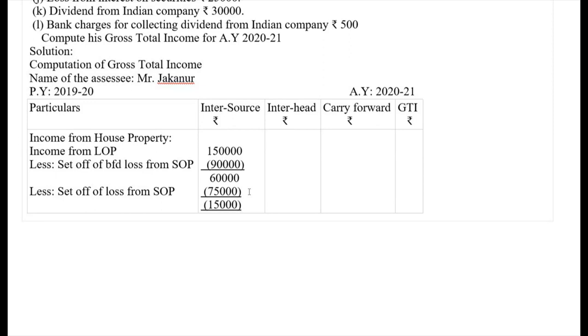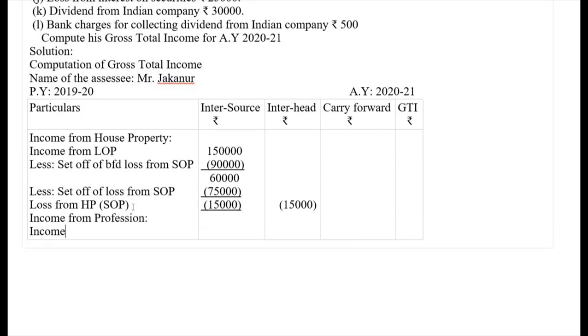Let me write here, this is loss from house property, in the bracket SOP. This is of the current year's loss, please do remember here. So this we shall take to interhead adjustment here. So 15,000 here. Then the next one here, income from profession it is.